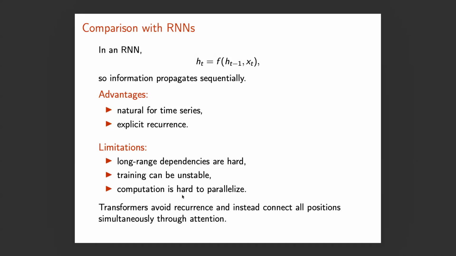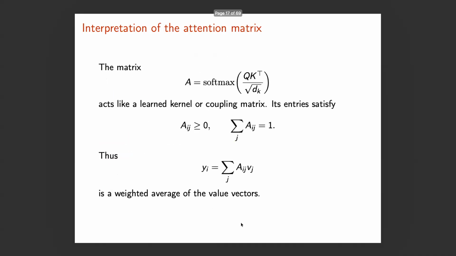And that's obviously something you don't want, an algorithm which cannot be parallelized. So the transformers avoid recurrence, and they connect all positions simultaneously through the attention. The optimization of this softmax function is the quantity which gives this coupling, the attention, between the different nodes.